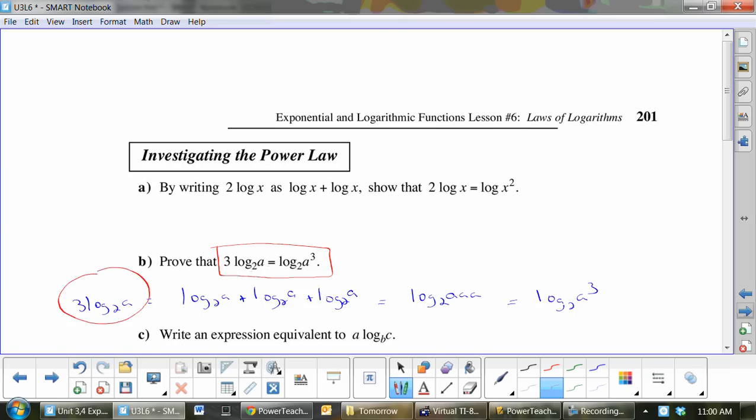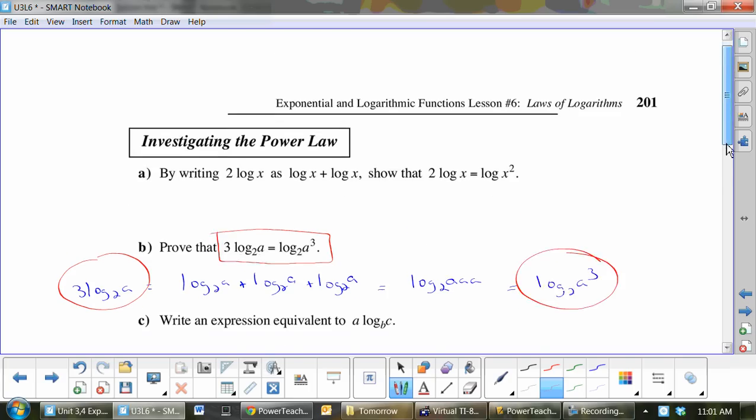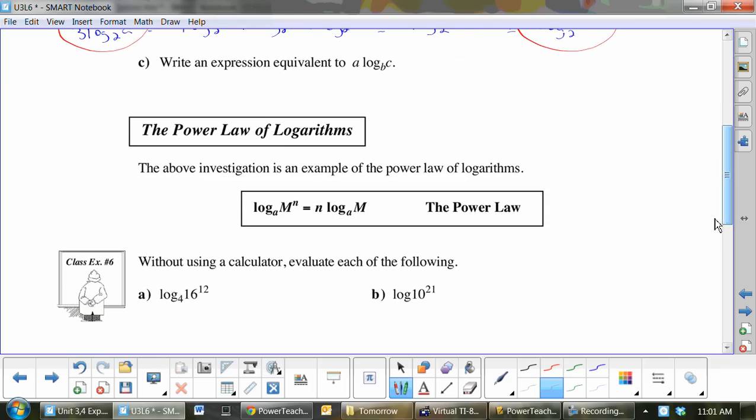So I have proved that this does equal this. So that's adding, but then remember the rule, the product law. What I've just shown you is called the power law. And the power law basically says that n can be up here or here.